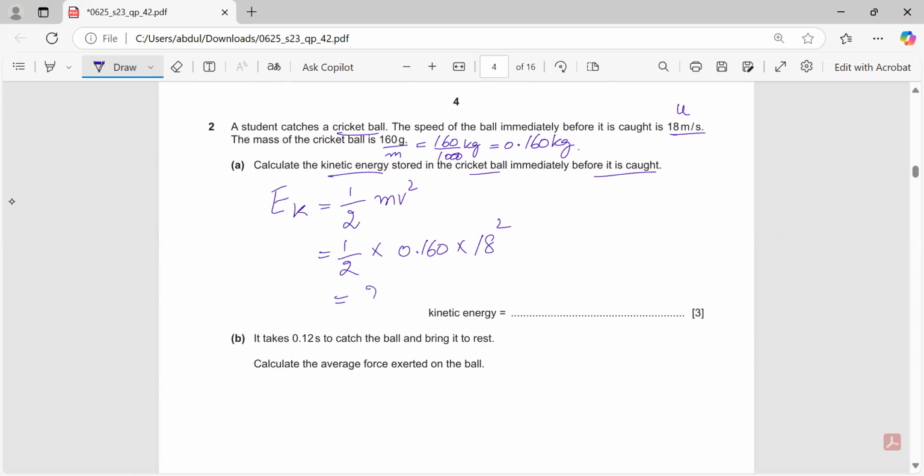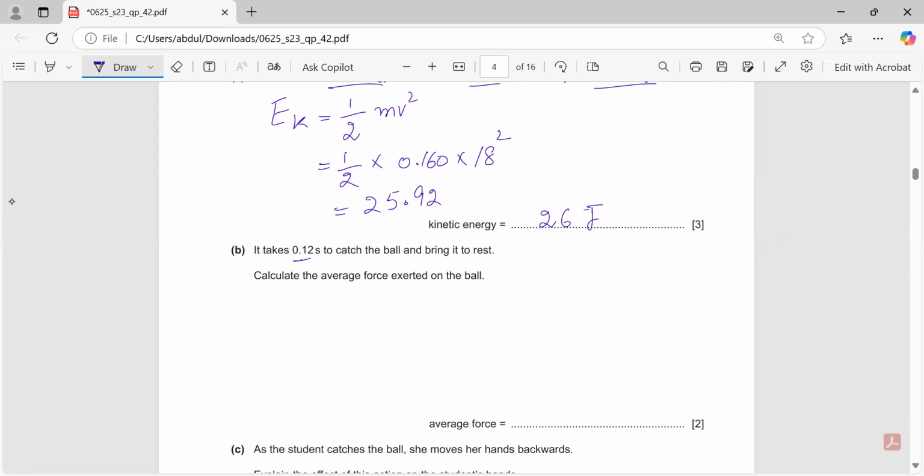As we simplify, the answer is 25.92. So we can write either 25.9 or, better, we should write 26. The unit for any type of energy, including kinetic energy, is joules, capital J. Now it was very simple, by the way.